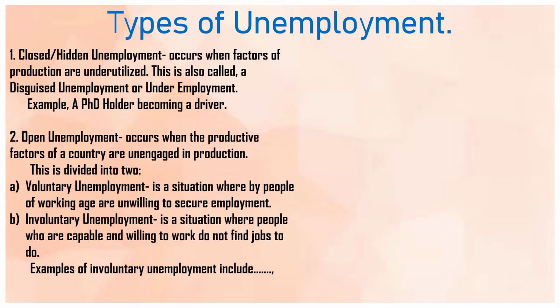This type of unemployment is popularly called disguised unemployment, while most authors call it underemployment. For example, a graduate doing the work of a security man, such is a very good example of a closed unemployment.